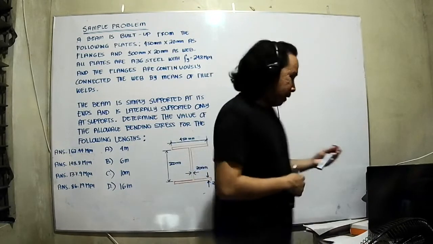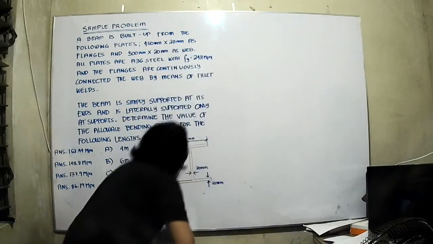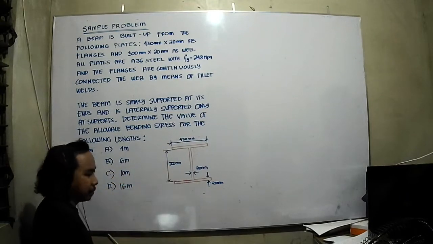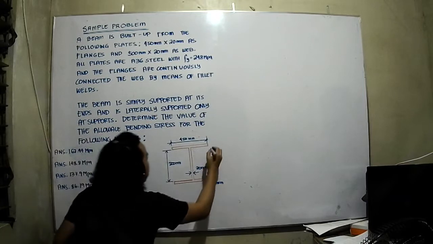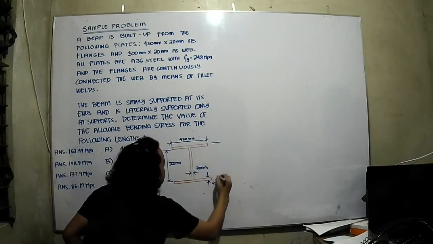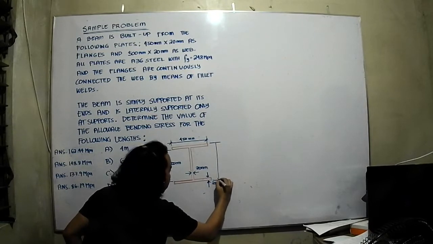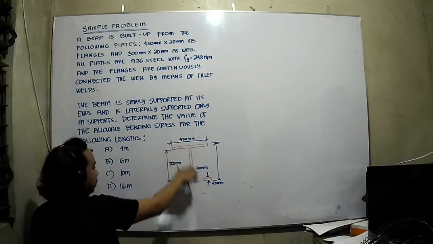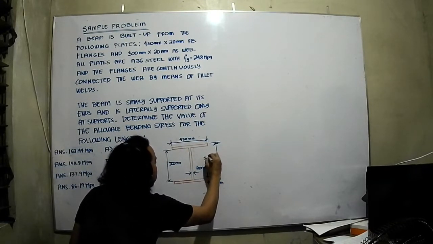Okay? In our section, we have 450 mm and 500 mm. Now, this is 500. So if that is 500, then this dimension should be equal to 500 plus 20 and 20, which must be 540 millimeters.